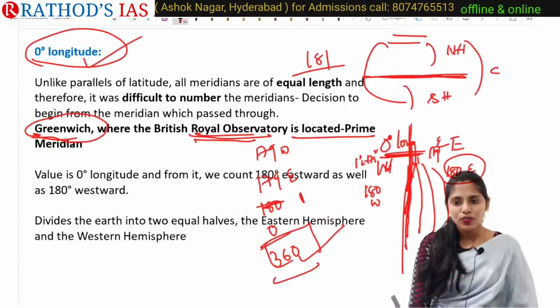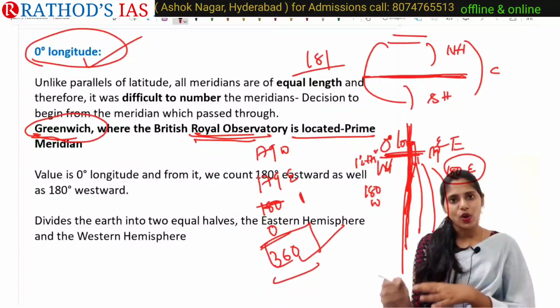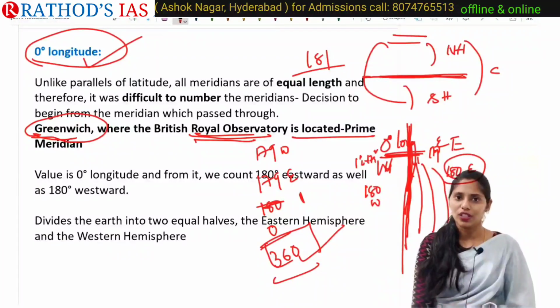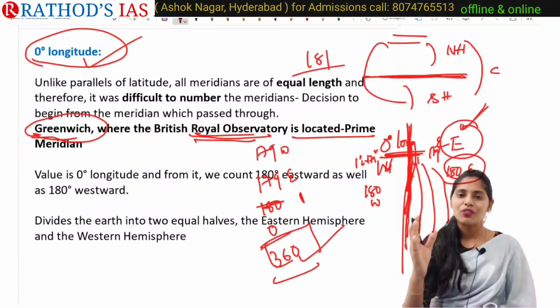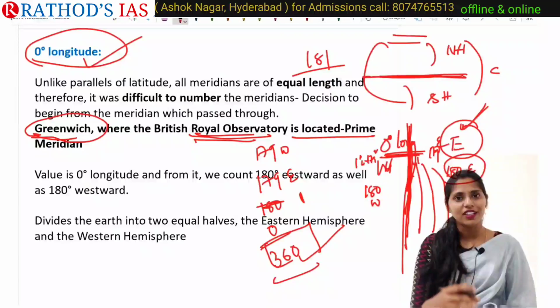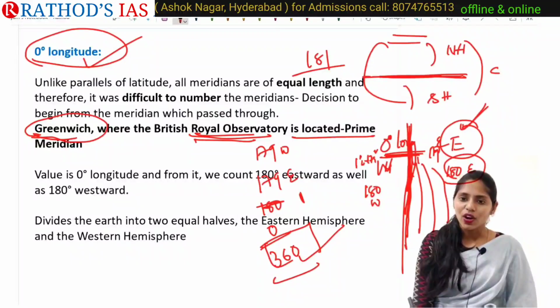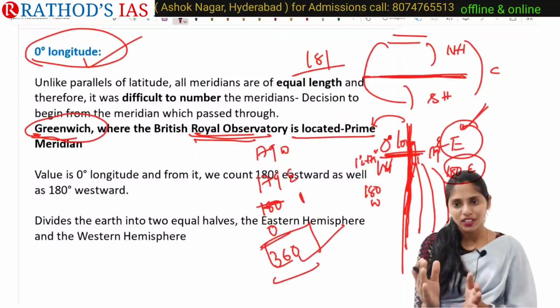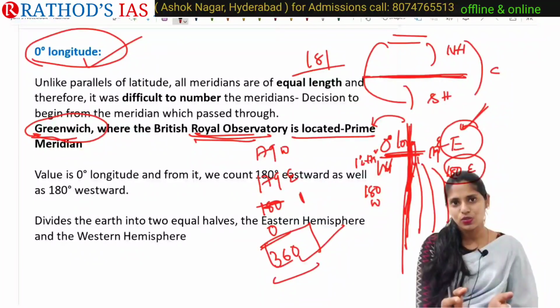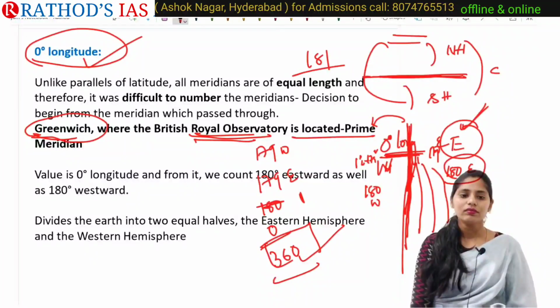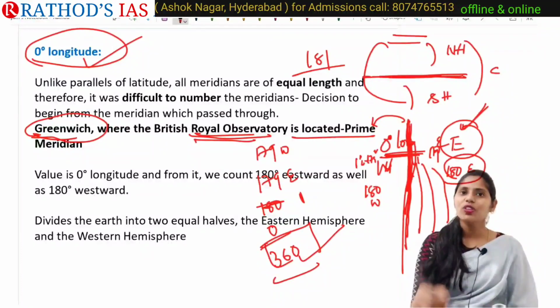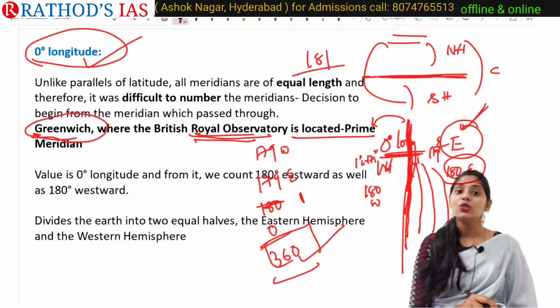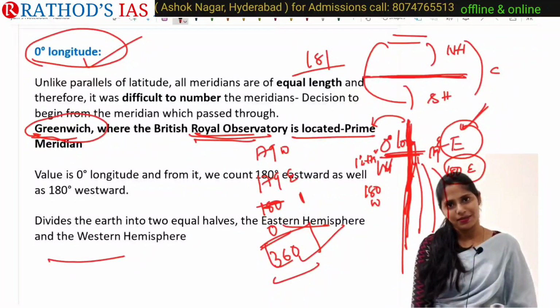Because of this, longitudes drawn towards the east of 0 degrees are labeled east, like 1 degree east, 25 degrees east, 82.5 degrees east. Longitudes towards the west of 0 degrees are labeled 1 degree west or 75 degrees west, like that. So this longitude divides earth into two equal halves, the eastern hemisphere and the western hemisphere.